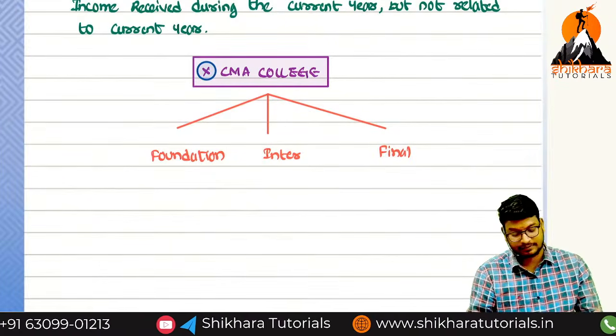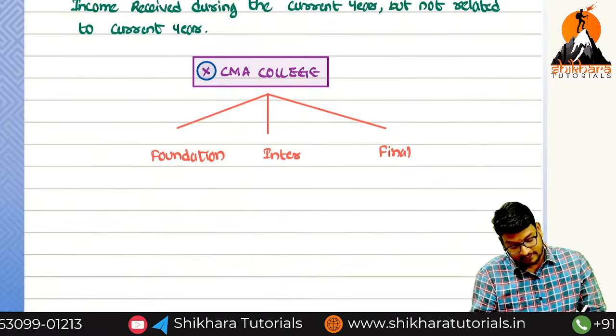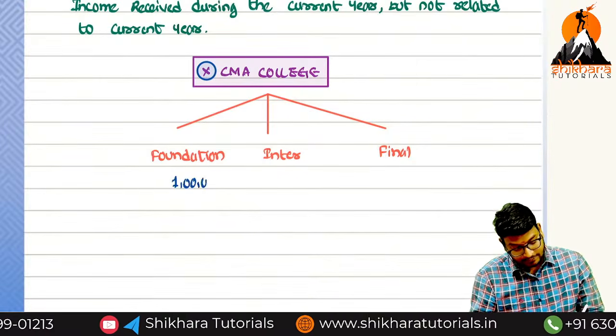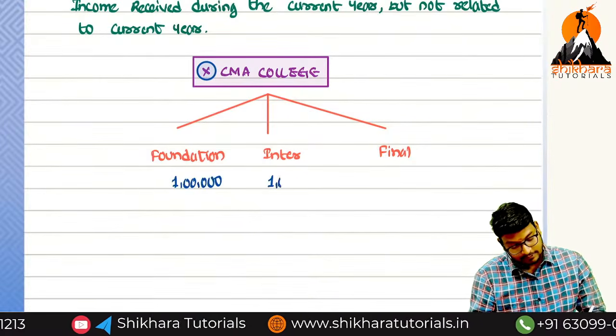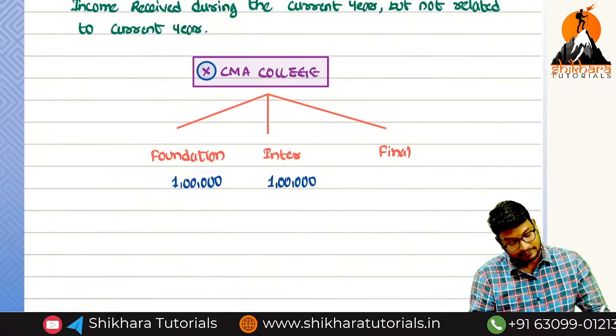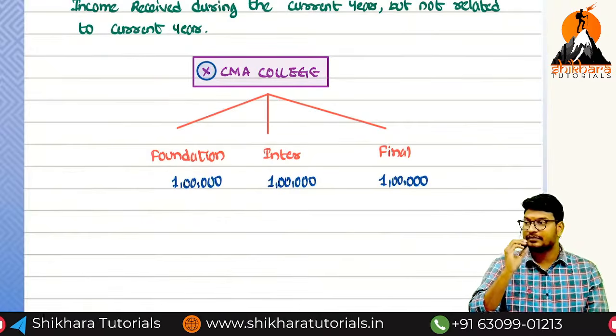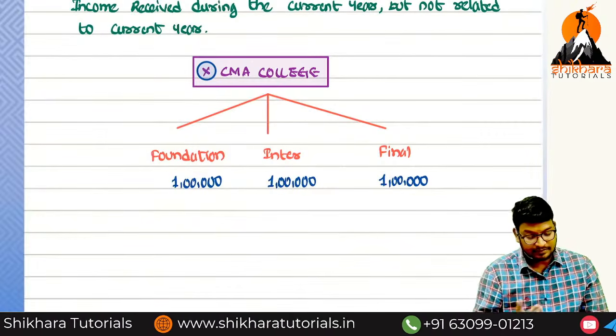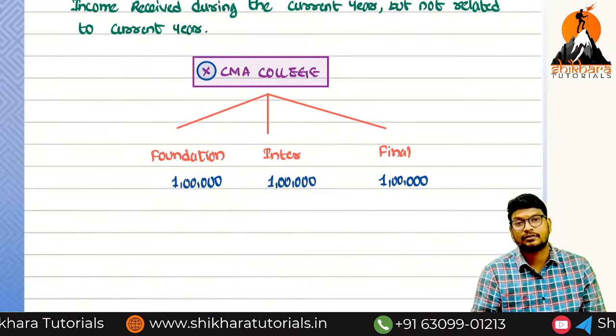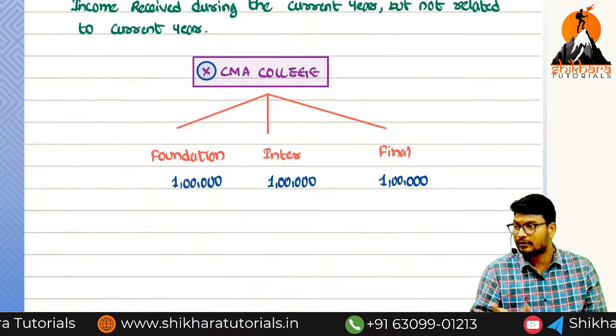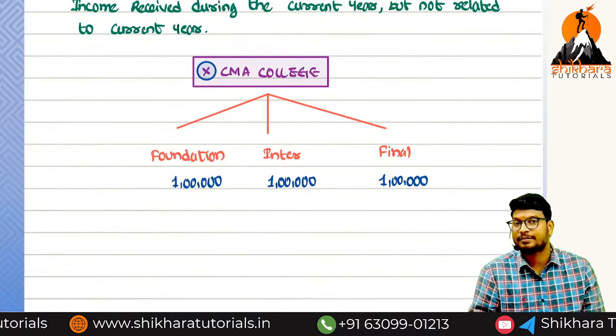Some ex college. I am charging 1 lakh rupees for foundation and 1 lakh rupees for inter and 1 lakh rupees for final. Why the same fee structure? Even though, the foundation faculties are also intelligent fellows in our college. They also have the experience.